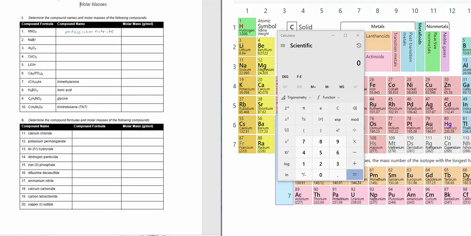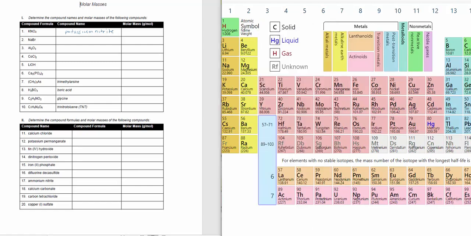So to calculate the molar mass, I need the periodic table. Potassium is located here in row 4, column 1, and its atomic mass is given as 39.098 with this periodic table. We only have one potassium because it doesn't have a subscript, which implies that it is 1. And then we need to add a nitrogen to it.